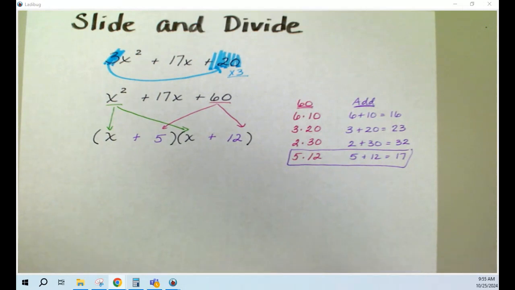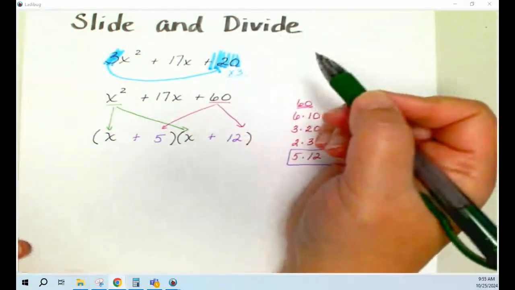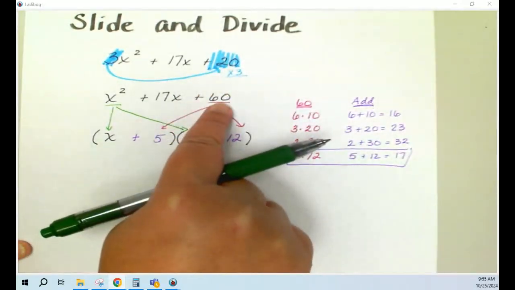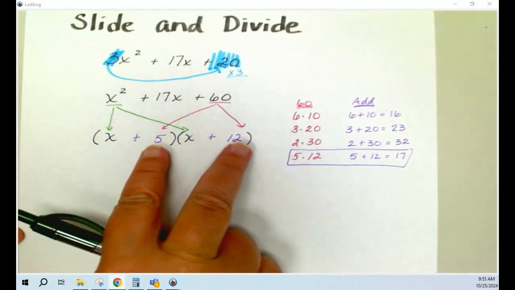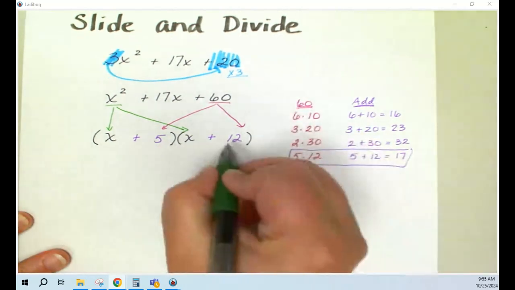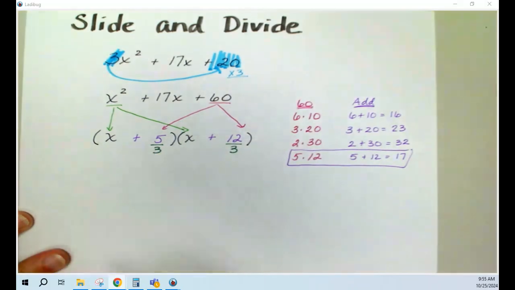Okay, so the opposite of multiplication is divide. So that's where the divide part comes in. So it was that constant back here, that last term that got multiplied by 3. That means that this 5 and the 12, they have to get divided by 3. So we're going to divide by 3, divide by 3.